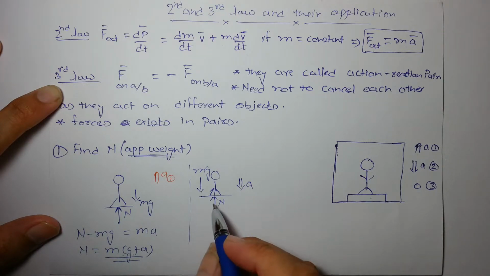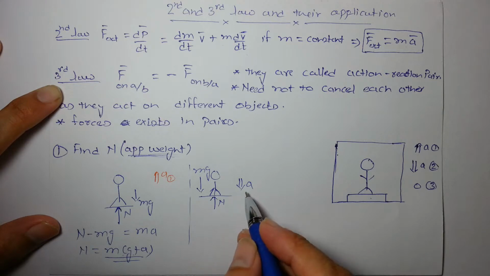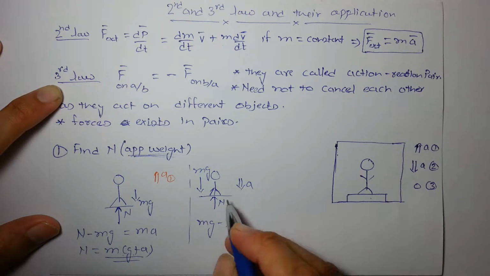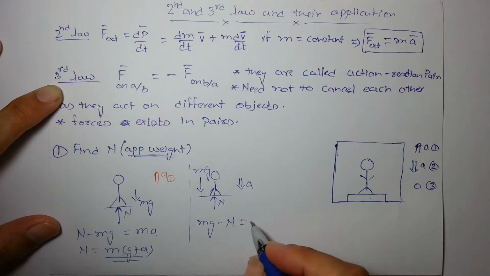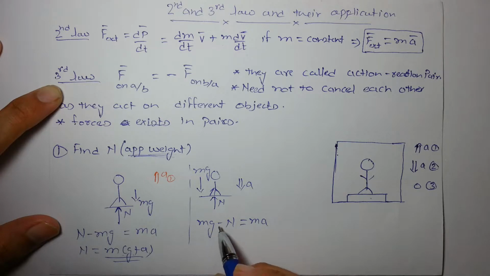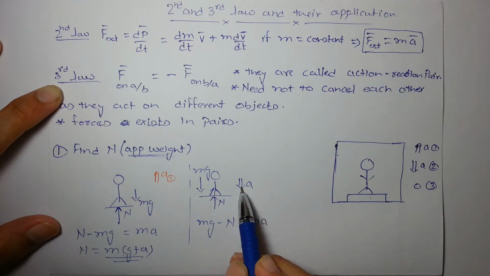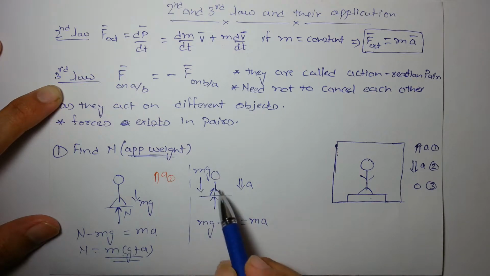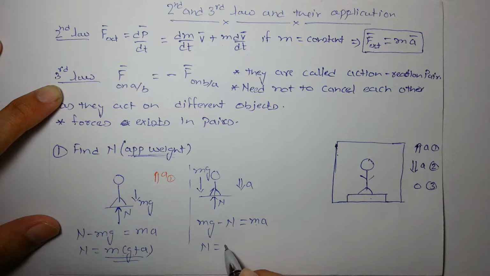As downward forces are stronger, only then acceleration will be downward, so mg is greater than N, so downward minus upward force will give you ma. How am I writing this equation? Acceleration is downward, so downward force minus upward force will give you the net downward force, equal to the outcome, and N is nothing but in this case m(g minus a).